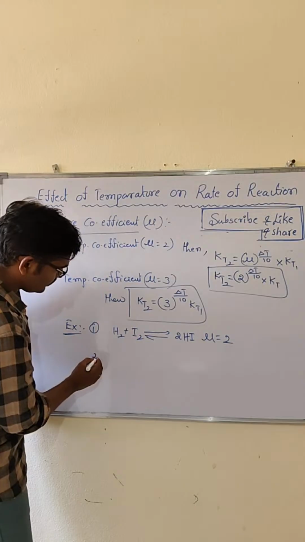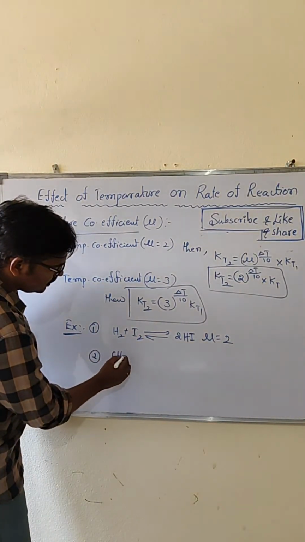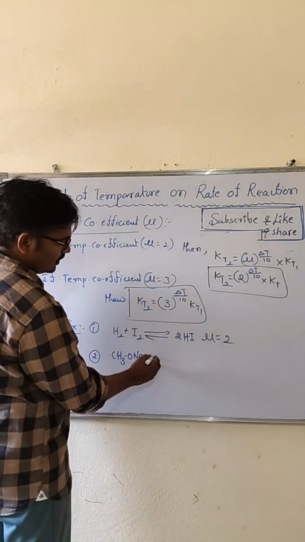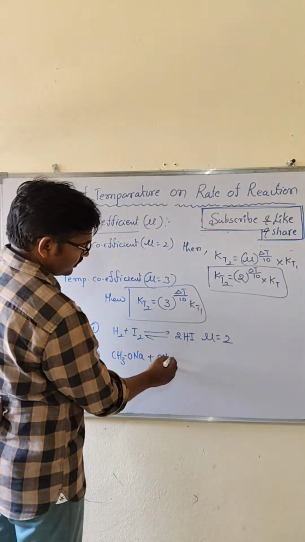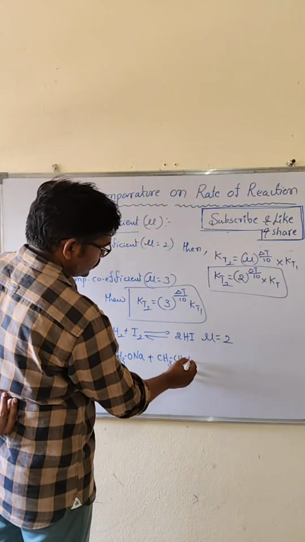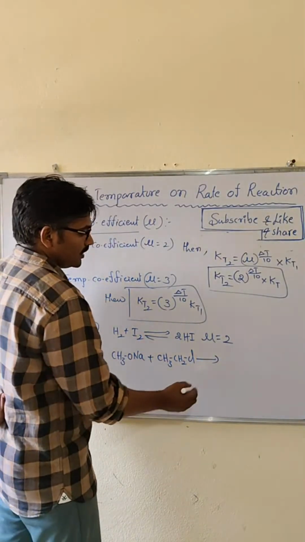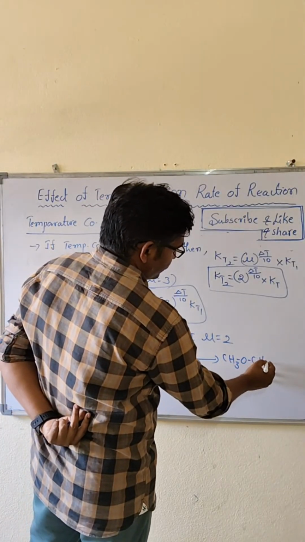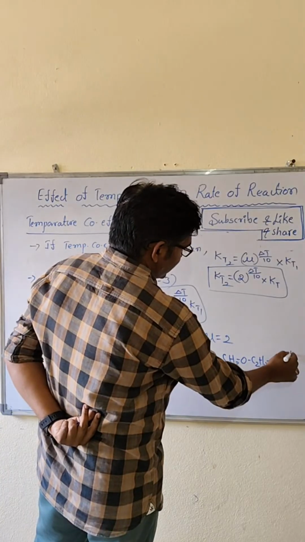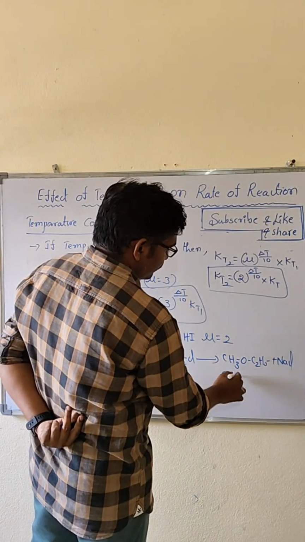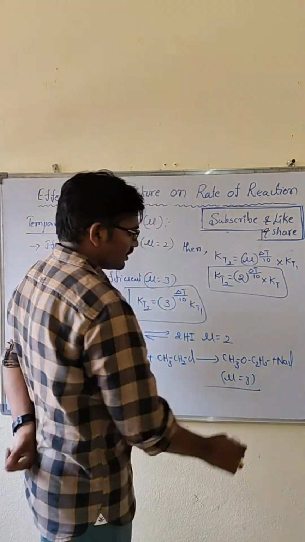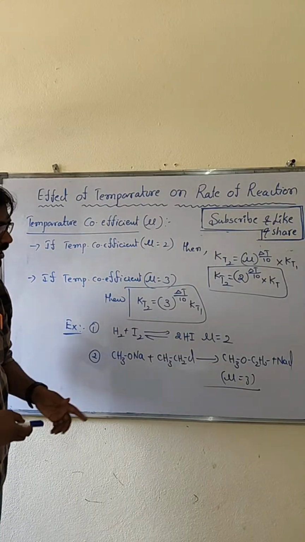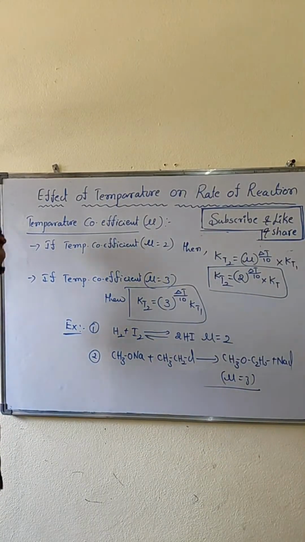One more reaction: CH3ONa, sodium methoxide, reacting with CH3CH2Cl, forms the ether CH3OC2H5 along with NaCl. For this reaction the temperature coefficient is 3. So when the temperature coefficient is 3 like this, you have to use these formulas.